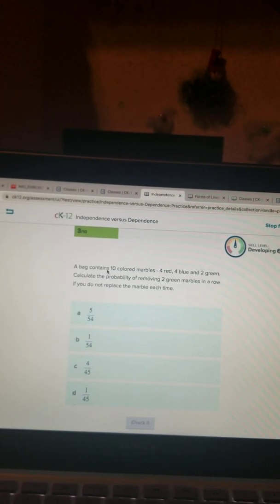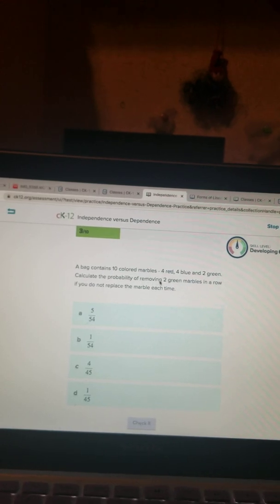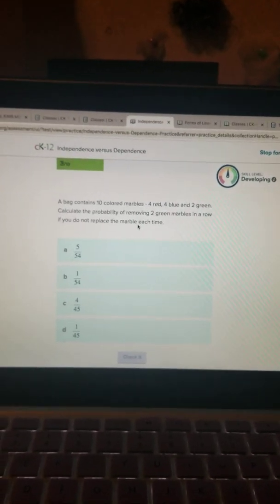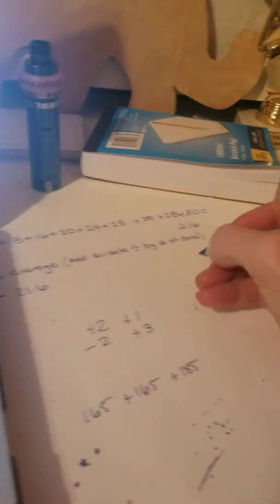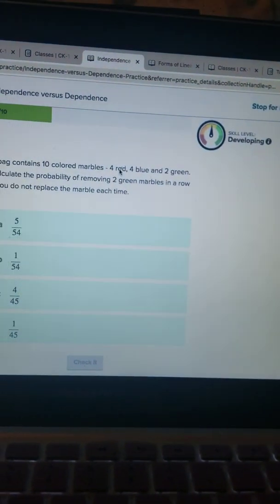A bag contains 10 marbles. Calculate the probability of removing 2 green marbles in a row if you do not replace the marble each time. All right, this is a dependent event. So, 10 marbles to begin with. We had 2 green.